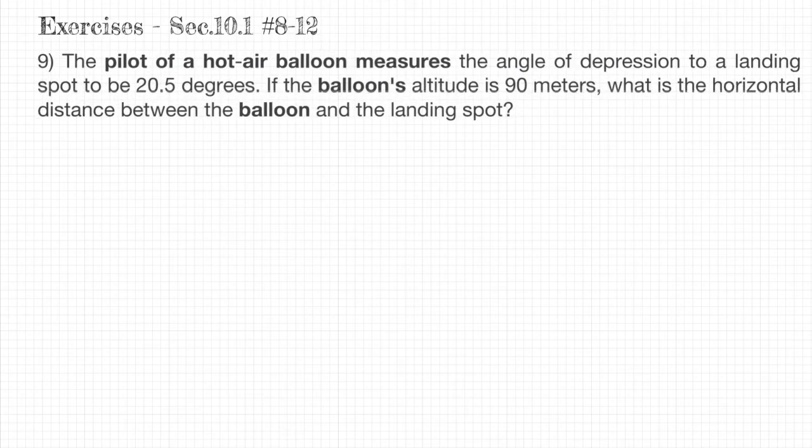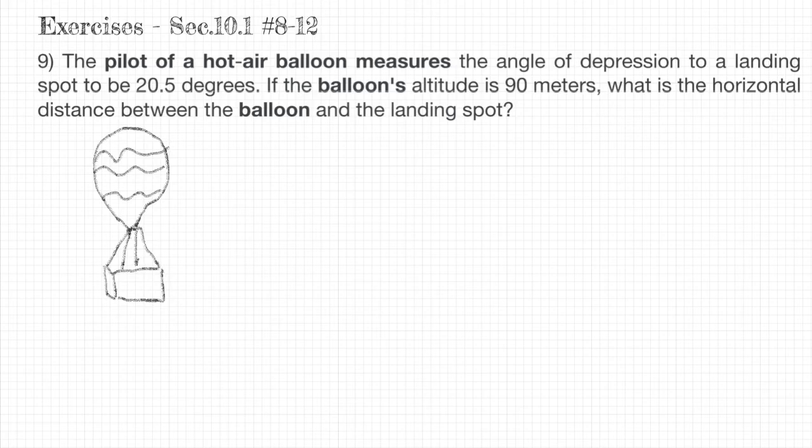Okay, so exercise number 9. The pilot of a hot air balloon measures the angle of depression to a landing spot to be 20.5 degrees. If the balloon's altitude is 19 meters, what is the horizontal distance between the balloon and the landing spot? So step 1, remember, I'm going to draw and label a diagram. I'll try to do the best I can.